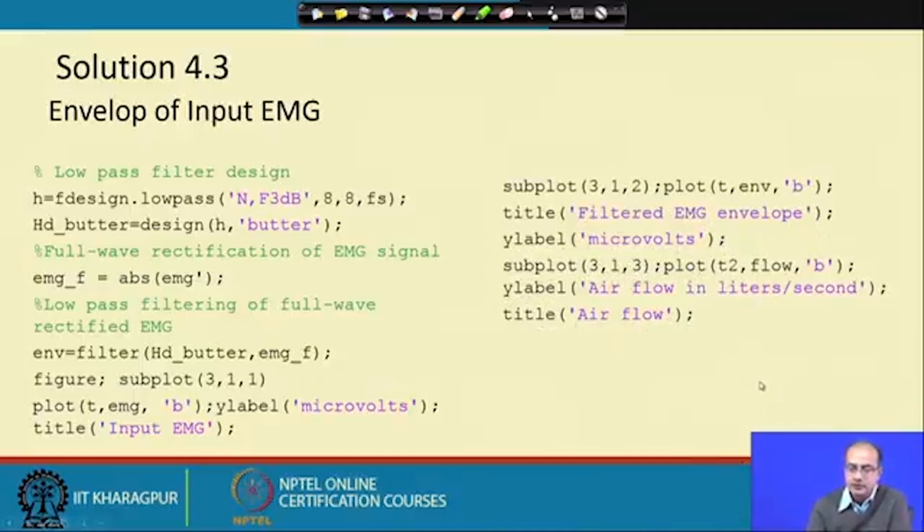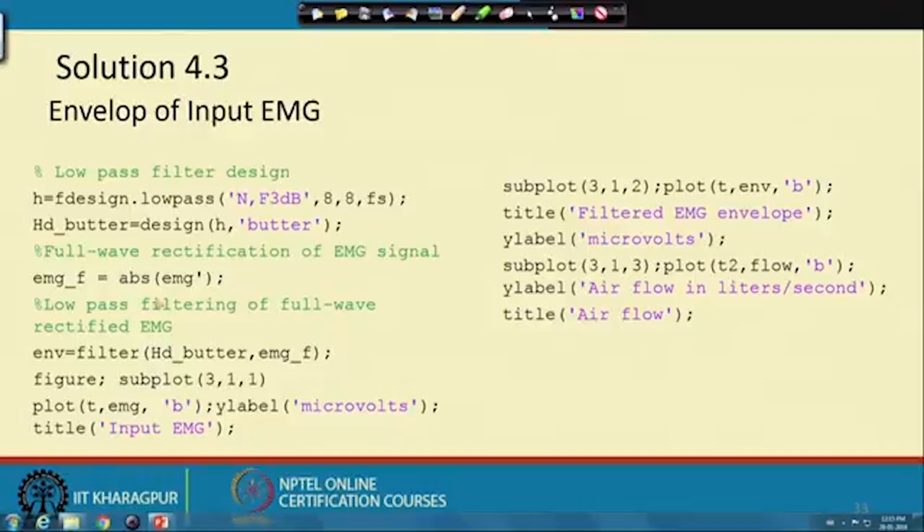We have used the absolute value, that means full wave rectification, and then applied the low pass filter, the same Butterworth filter, and we get that signal and the airflow, which gives us the index of it.